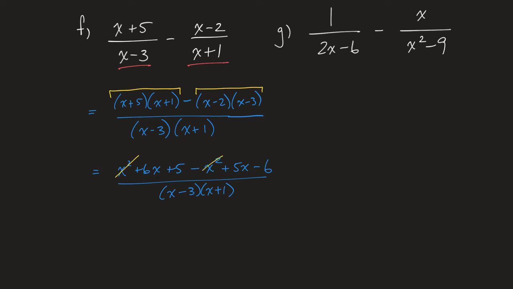My x squareds are going to cancel out. And I get 11x minus 1 as my new numerator. And I won't be able to collect anything on the denominator. It is one term. Leave it factored. Okay, the only thing that I forgot to tack on, my restrictions, and we make sure that we look back on the first factored form.